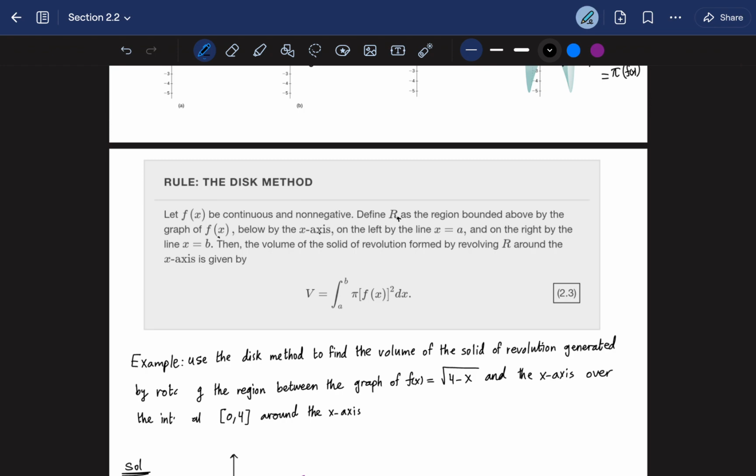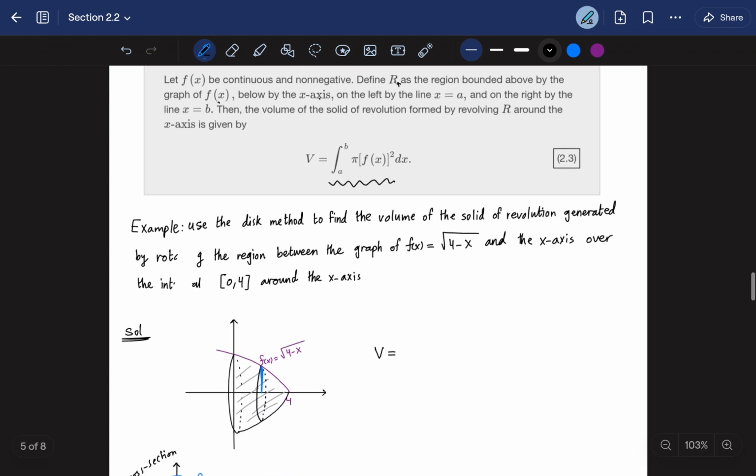The volume for this solid, from revolving R around the x-axis, is always going to be the integral of pi f squared, because the cross-section here is a circle, which has an area of pi r squared, and r here is just f of x. So it's quite easy.